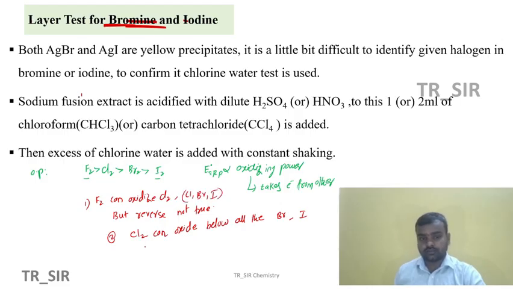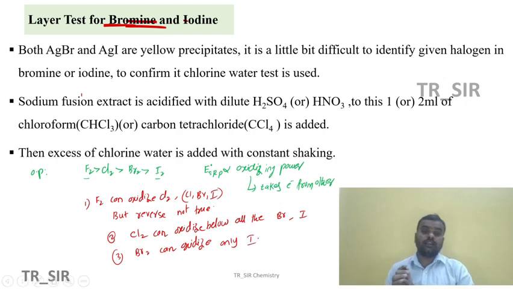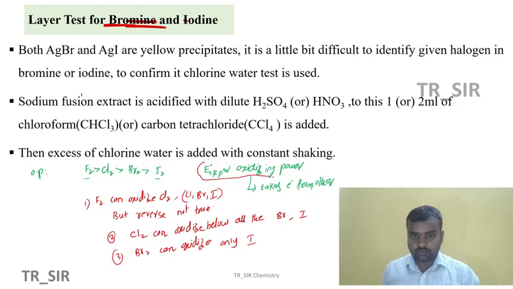Third point: bromine can oxidize only iodine, not any other one. As you go down the group, oxidizing power decreases because their E naught value is decreasing.